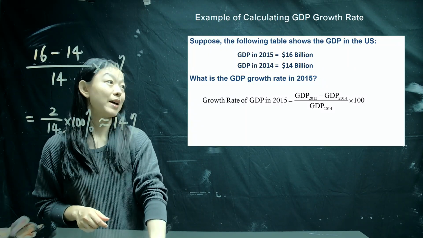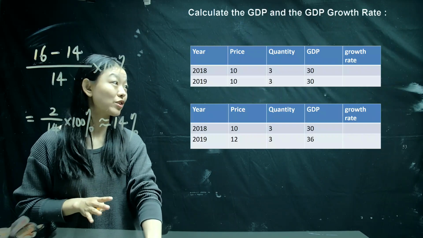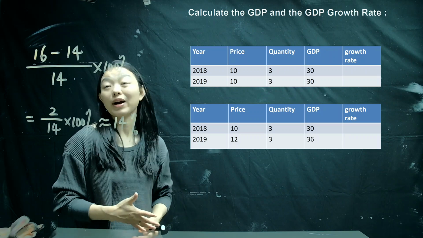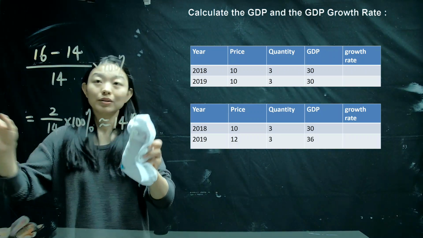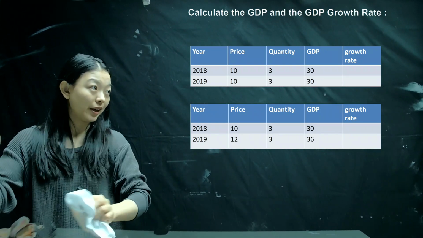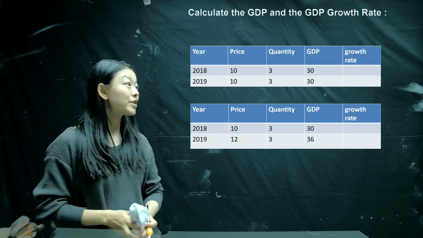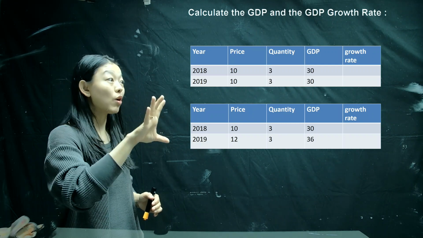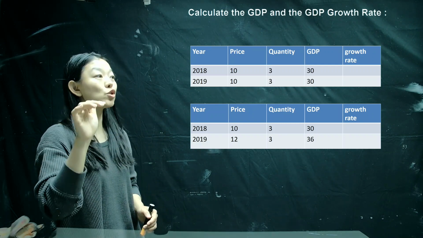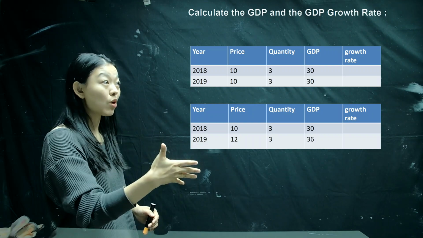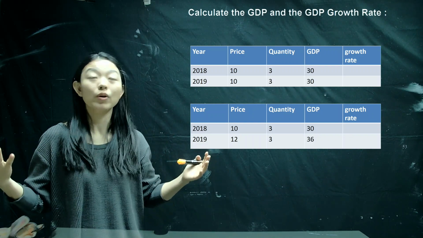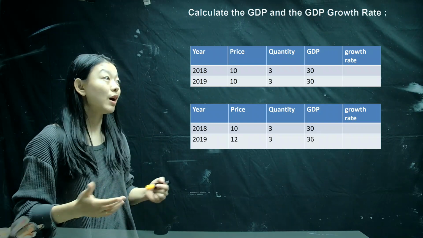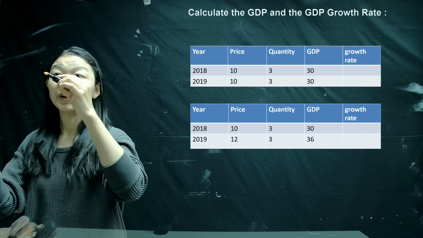Now let's look at another example, how to apply this type of information. We have two different years, 2018 and 2019. From the first table, we have the GDP in 2018: price times quantity gives a GDP equal to 30. In 2019, we still use price times quantity, and the GDP is again 30. So how can we get the growth rate for 2019?